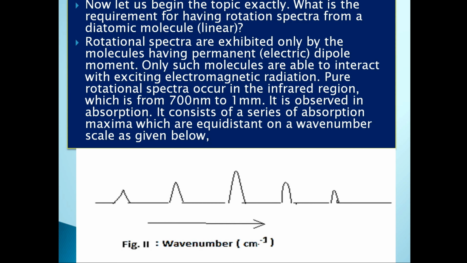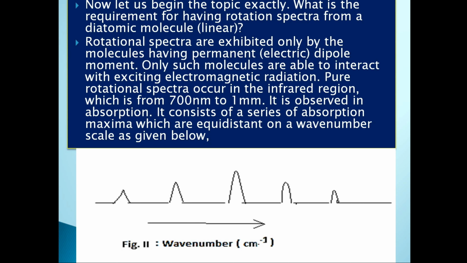Now, pure rotational spectra occur in the infrared region. That is, the frequency range of this spectrum is from 700 nanometer to 1 millimeter. So this is the range in which you can observe the rotational spectra. And we have to be careful that it is observed in absorption only.